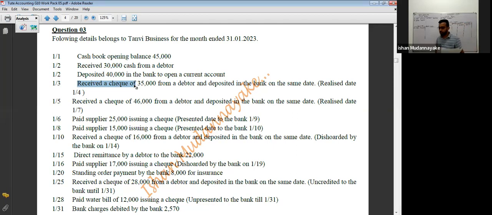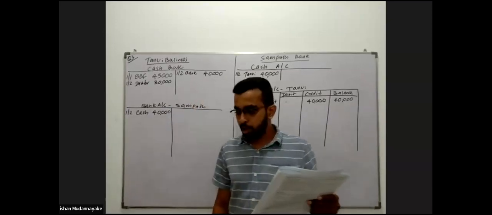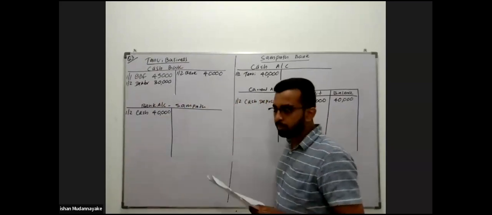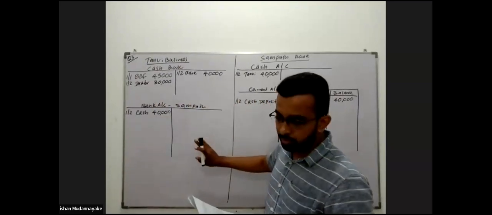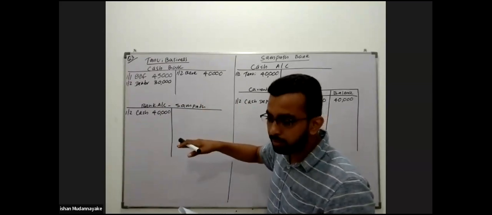For this 35,000, how to pass the double entry in Tanvi's business? Now we have received a 35,000 check. At first, bank account debit and then debtors account credit.